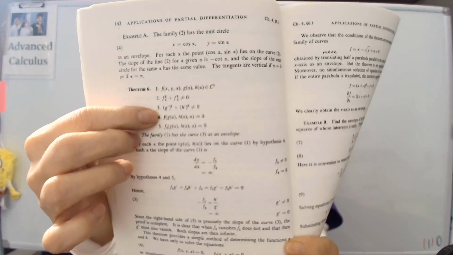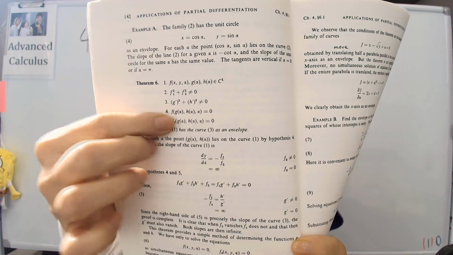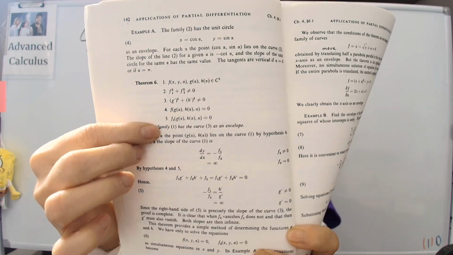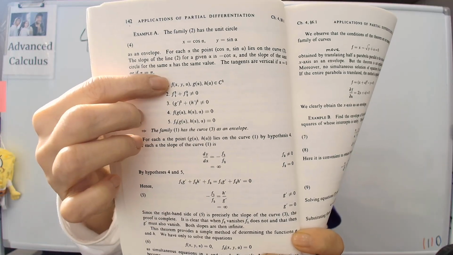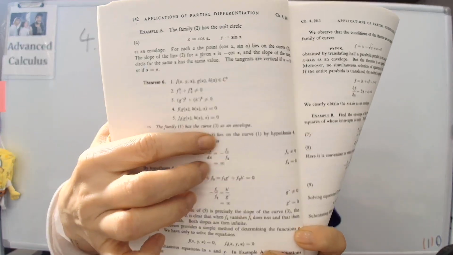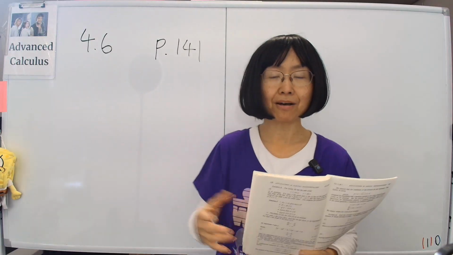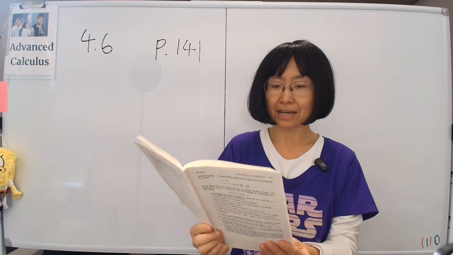If you take the partial derivative with respect to alpha, it is identically 0. Now, if these conditions are true, then the family, that is f equal to 0, has a curve which is g(alpha), h(alpha) as an envelope. So that's how you can determine the two things are envelopes. And that is the theorem.